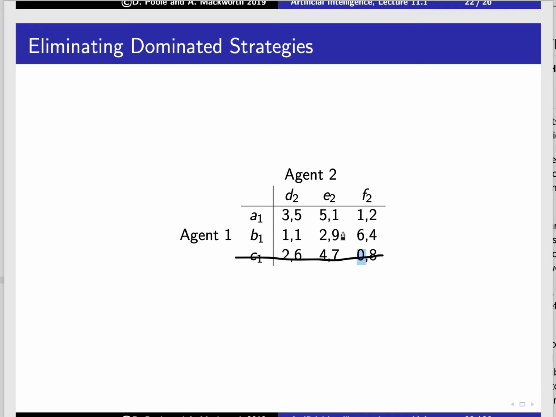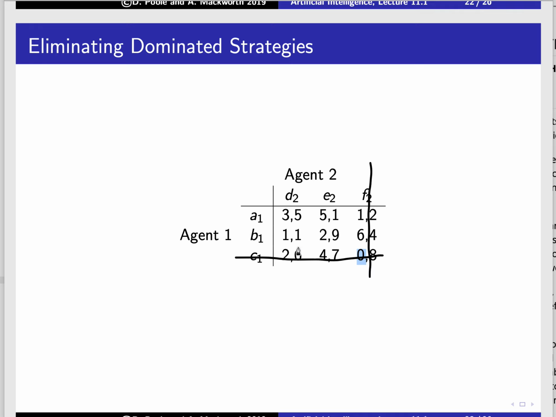E2 is sometimes the best, and D2 is sometimes the best. But if you have a randomized strategy that's 50-50 between D2 and E2, then that has an expected payoff of 5 plus 1 divided by 2, which is 3, and the other has 1 plus 9 divided by 2, which is 5. So it turns out that F2 is also dominated by a randomized strategy between D2 and E2, so we can remove F2.